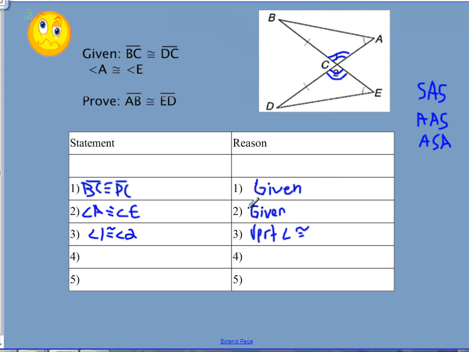Okay, now I can actually say that my triangle BCA is congruent to triangle DCE, and I can find that because of angle, angle, side.